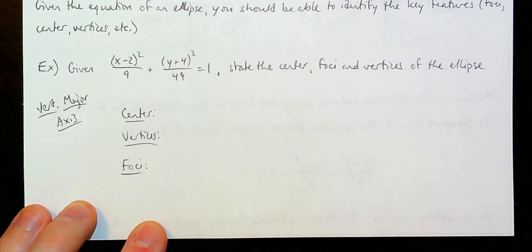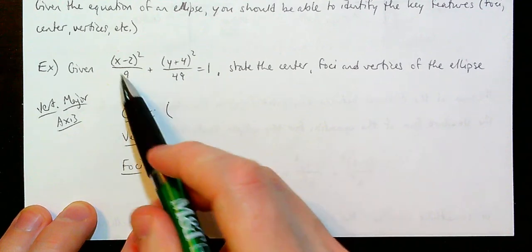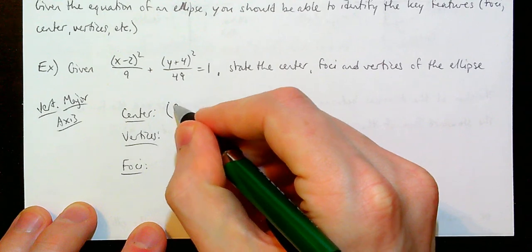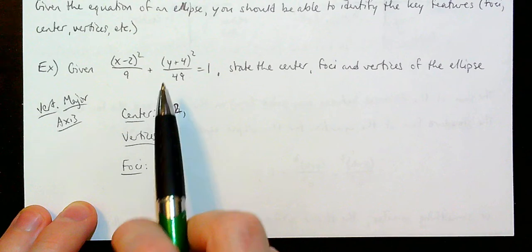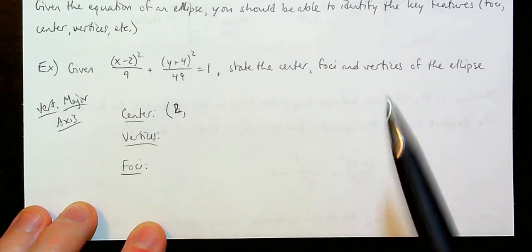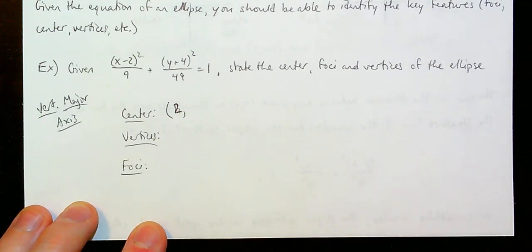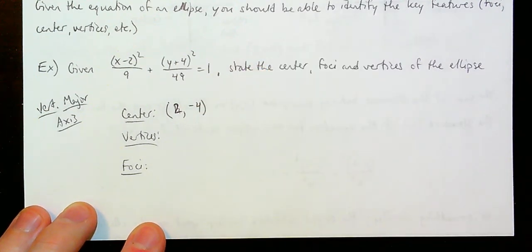Making those comparisons, x minus h, x minus 2, my h value is going to be 2. Y minus k, y plus 4. You may think that the k value is positive 4, but it's not. It's actually going to be negative 4. So the center point is (2, -4).